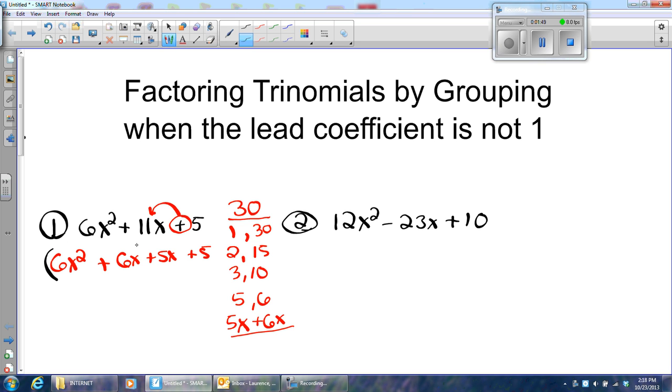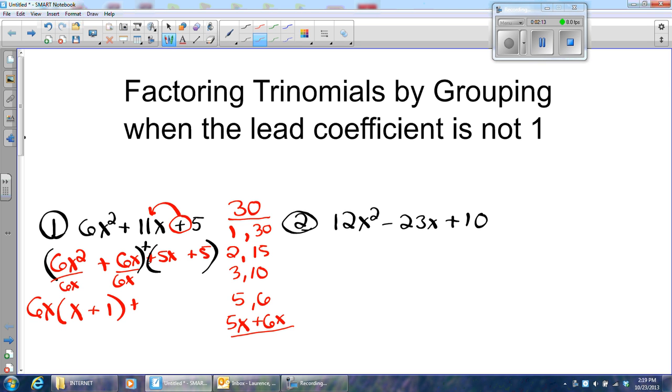So I'm going to go ahead and group, always grabbing that sign, put a plus sign in the middle, and then my GCF is going to be a 6x. I will pull out a 6x. And remember, we're dividing here. Some of you like to forget that we're dividing. This is going to end up being a 1, not a 0. So I'm going to have 6x times the quantity of x plus 1.